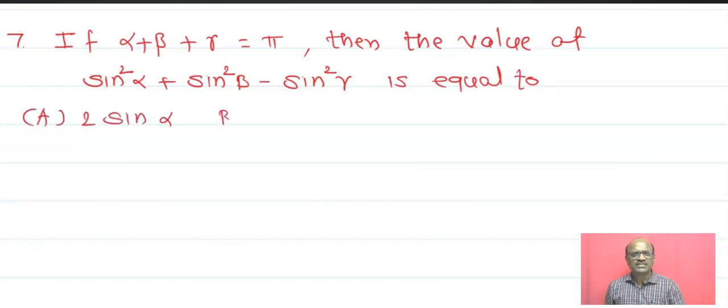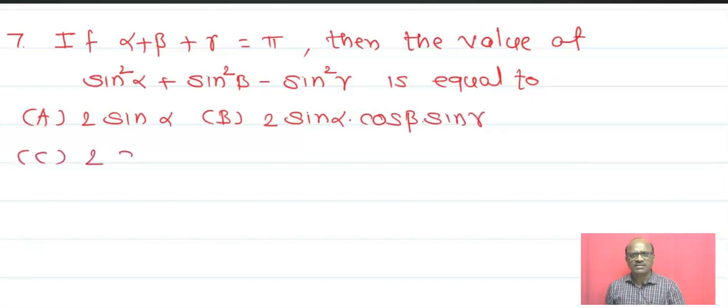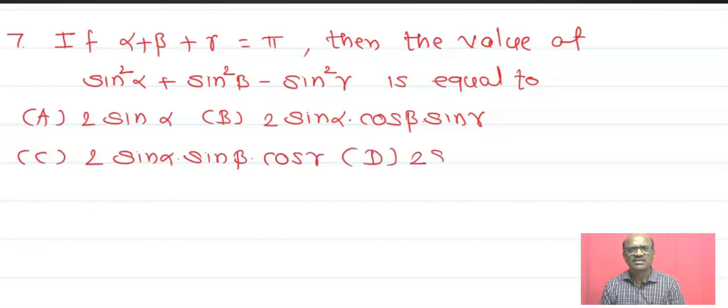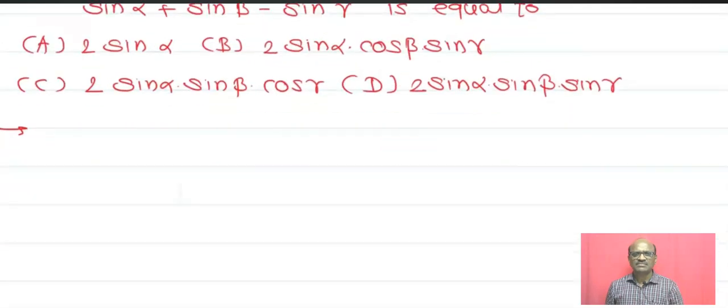Option A is 2 sine alpha. Second, 2 sine alpha into cos beta into sine alpha. And C is 2 sine alpha sine beta cos gamma. And D is 2 sine alpha into sine beta into sine gamma.